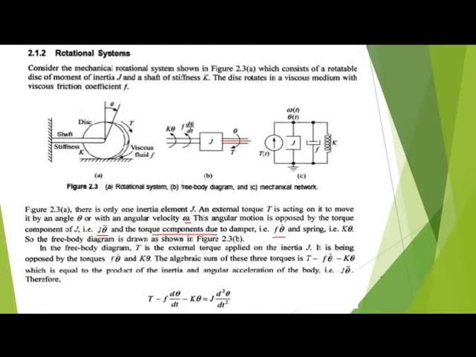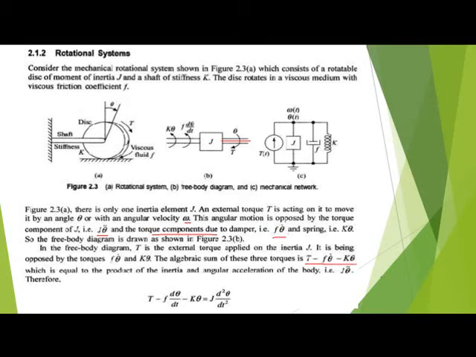The damper torque is F into d theta by dt, and the spring torque is K times theta. Now this T is the external torque applied to the moment of inertia, and it is opposed by these two components.